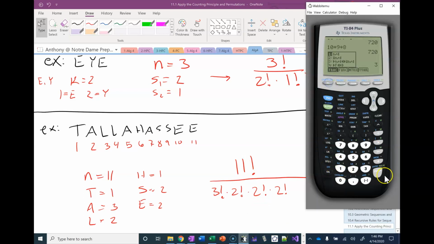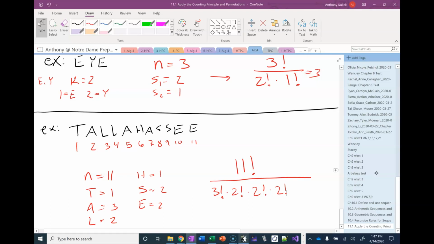So again, alpha y equals, so I'm going to do 11, math, probability, command 4, over 3, math, probability, command 4, times 2, and let's actually do it this way. We'll do 2 in parentheses, probability command 4, and then to the 3rd power, just so I don't have to go through quite so many menus. So I just have 2 factorial happening 3 times. So I get 831,600.